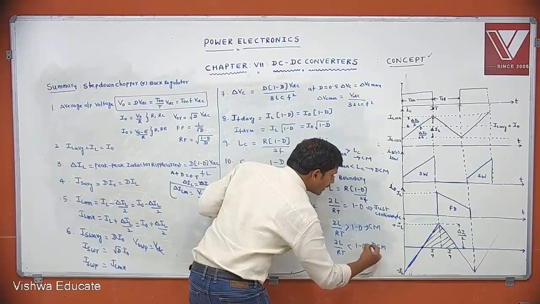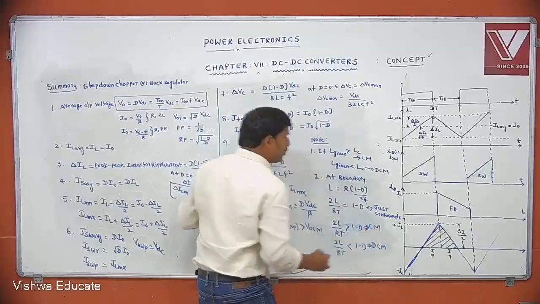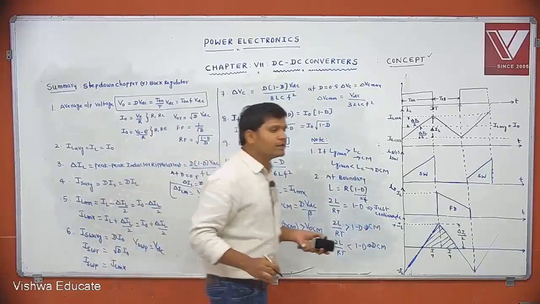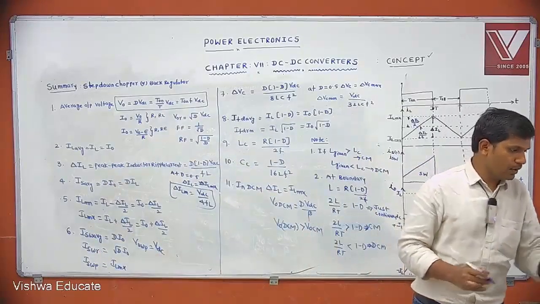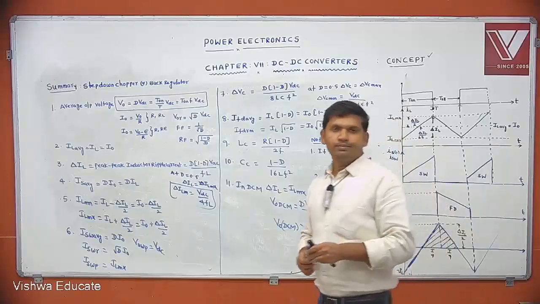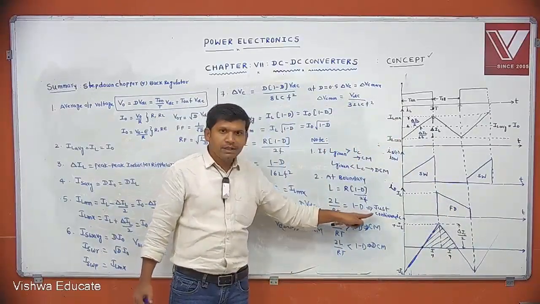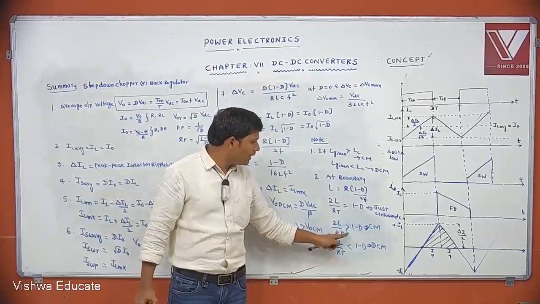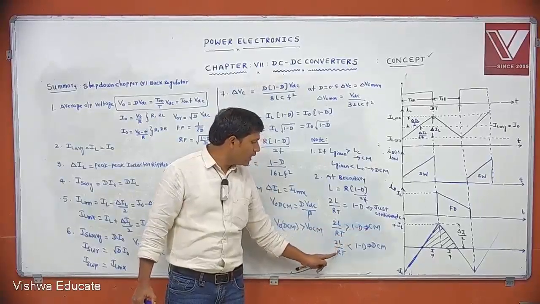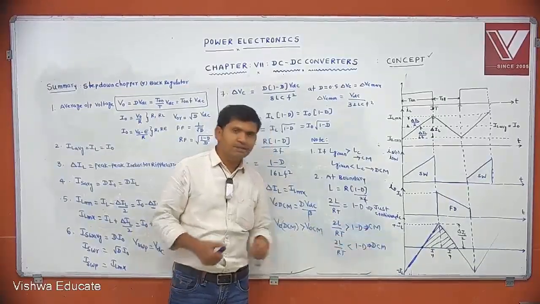Like this also we can analyze how to analyze continuous mode and discontinuous mode. 2L by RT equals 1 minus D, just continuous. 2L by RT greater than 1 minus D, continuous mode. 2L by RT less than 1 minus D, discontinuous mode.